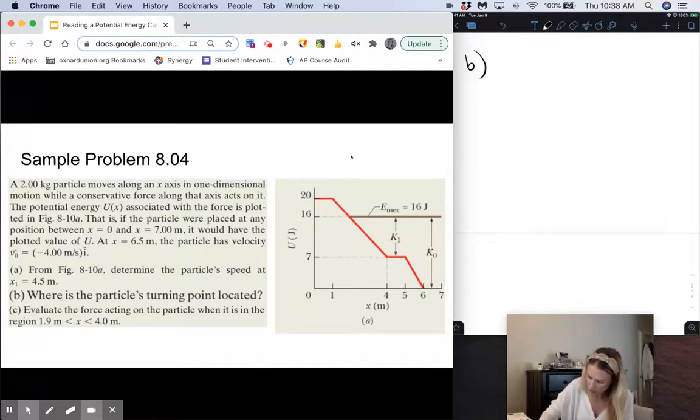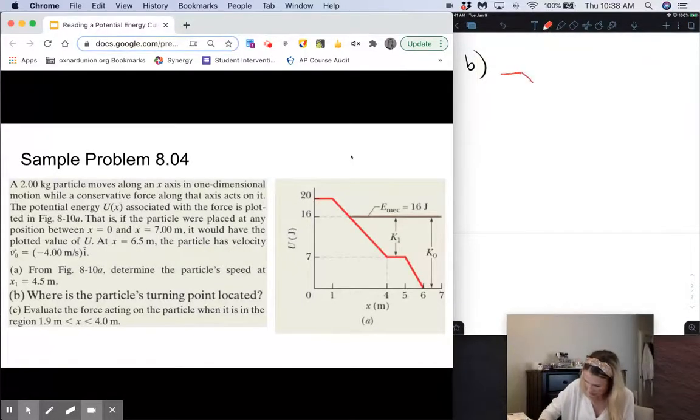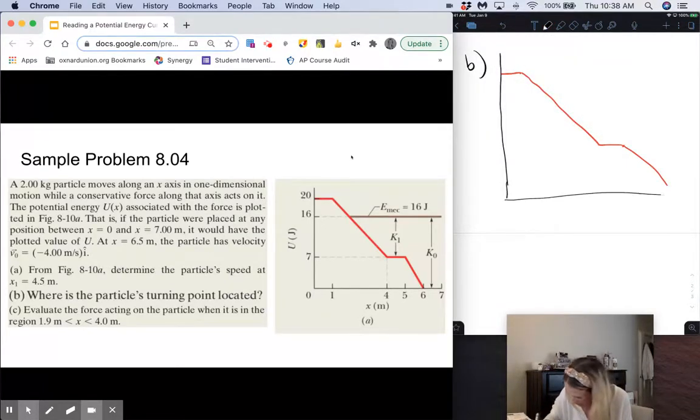If I draw a bigger picture of my graph, I have a line that looks something like this. It goes down and then down again. Here I can see that I have a like triangle, okay?